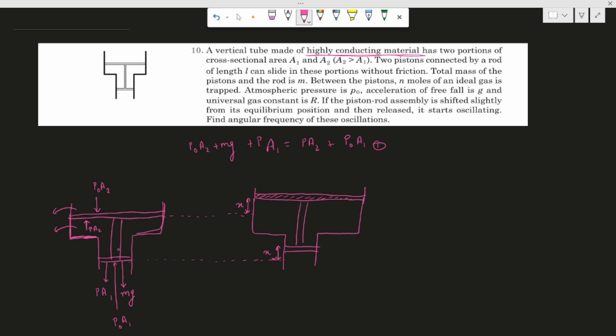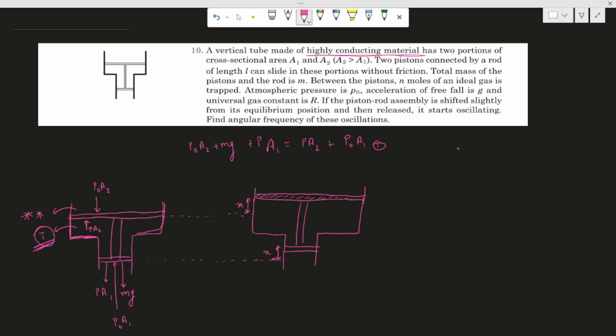So the gas in this chamber will be maintained at a constant temperature, that is T, which will be equal to the atmospheric temperature. This thing is what we need to care of. This is very important.